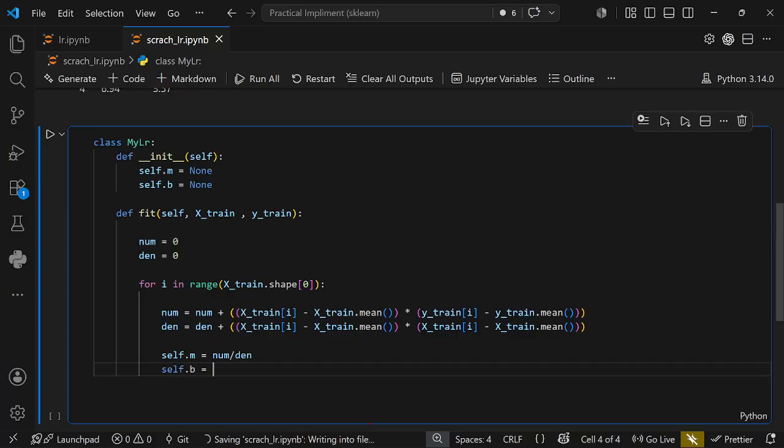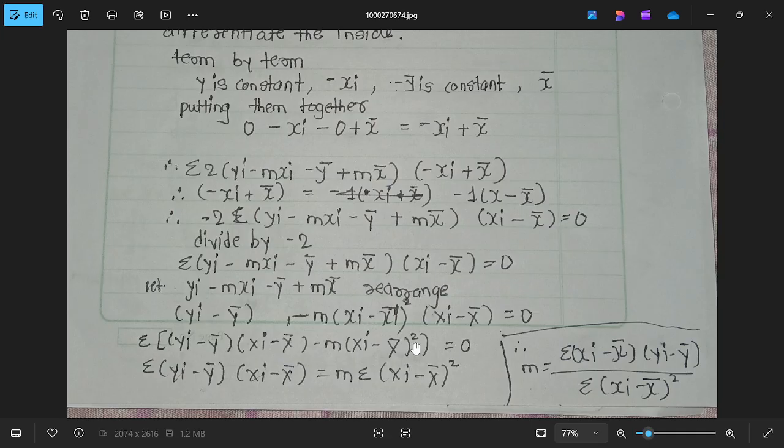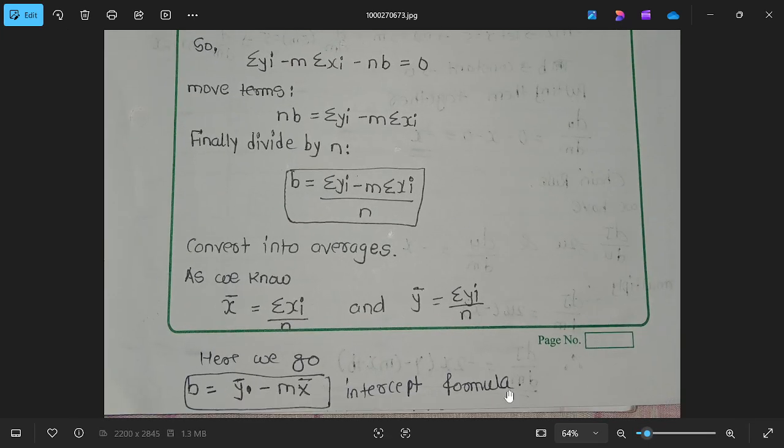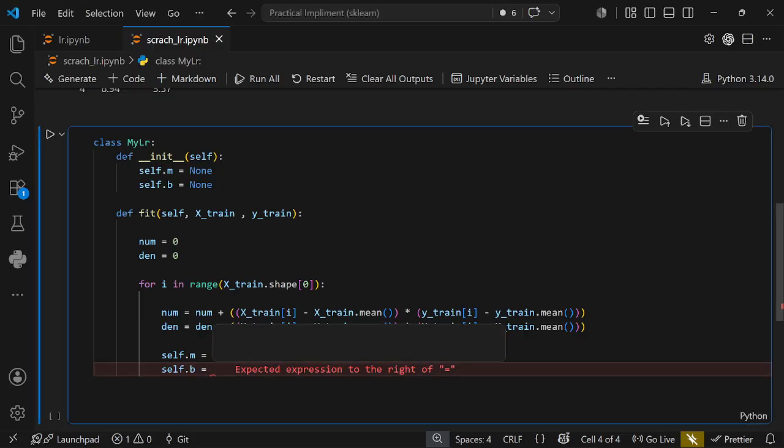What is the formula of b here? y bar minus m into x bar.